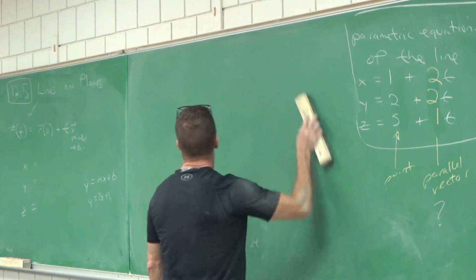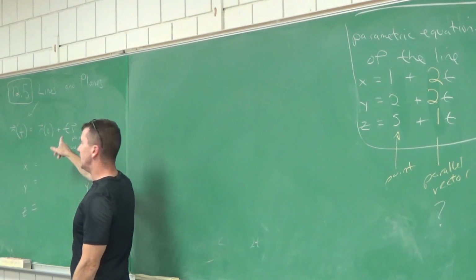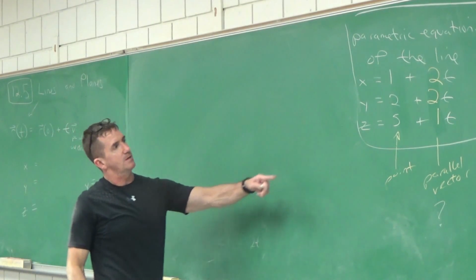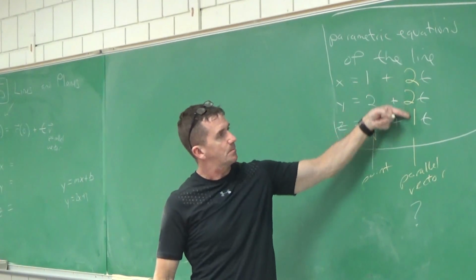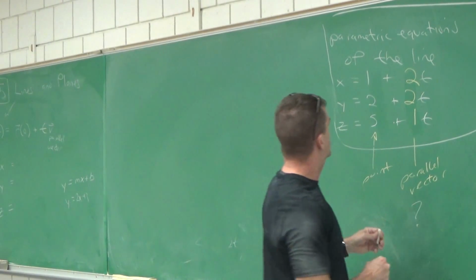That was good. I now want to talk about planes. So now we have a way to describe lines in 3-dimensional space, right? It's just going to be, put the point here, put the parallel vector here, and put t's here, and you get the parametric equations of the line.